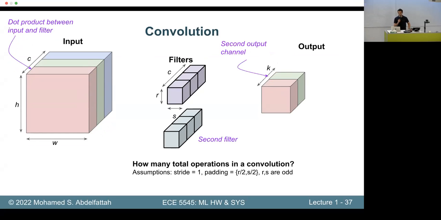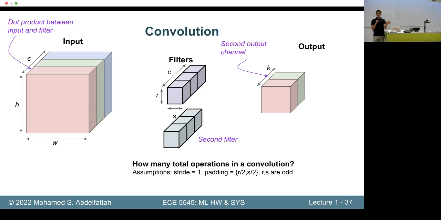So can you maybe think about it for a minute or two and count how many total operations we have in a convolution? We're talking about a very simple convolution. We'll assume that the filter has odd sizes in the face, R and S are odd, and we have padding equal to R divided by 2 and S divided by 2.